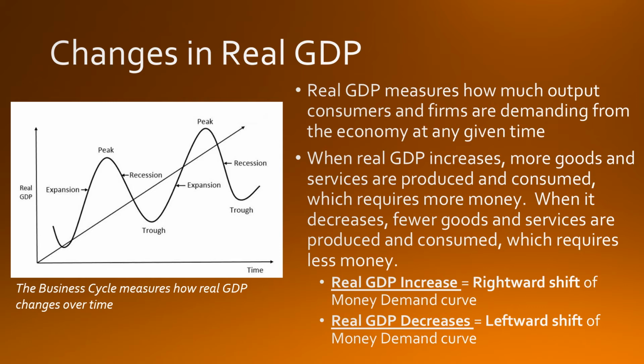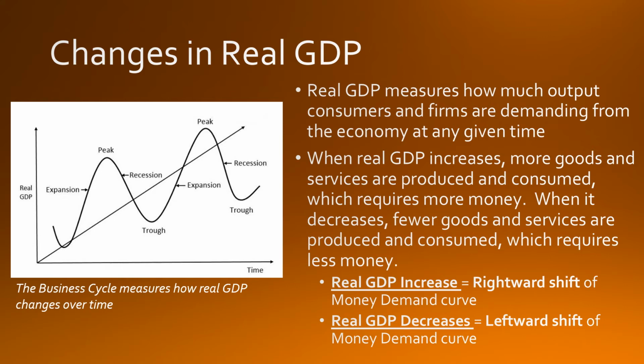If you want to demand more stuff at the grocery store, you need more cash. If businesses want to produce more stuff, they need more raw materials and more workers. Once again, they need more cash. So when real GDP increases because we're producing more stuff and demanding more output, there's a rightward shift of the money demand curve.